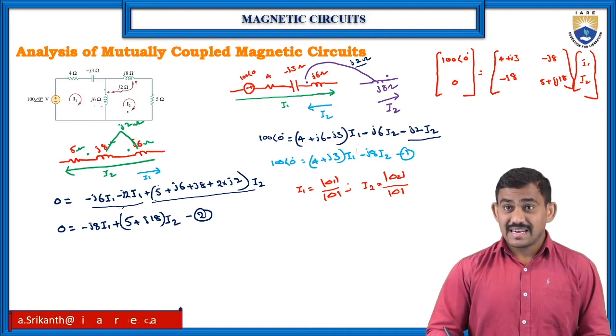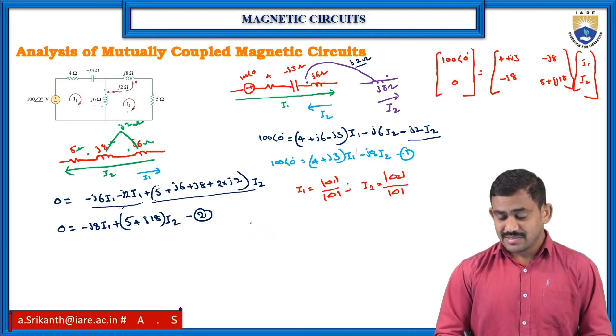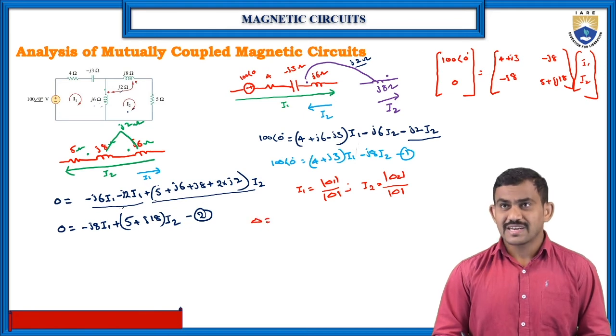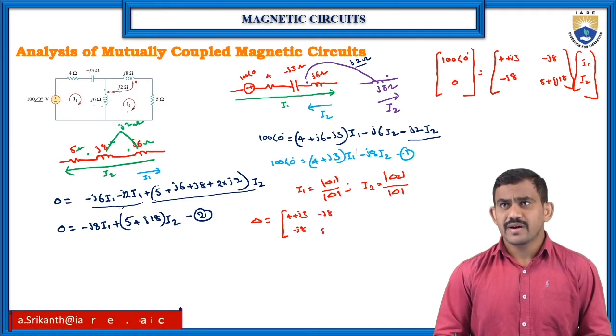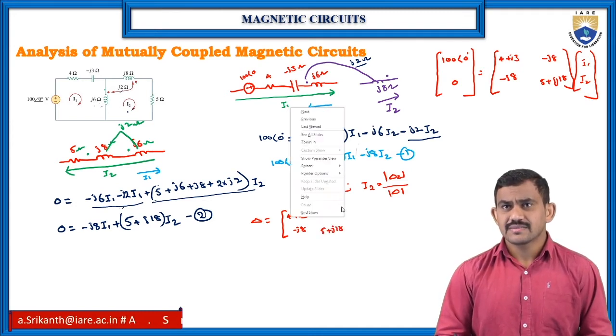Here, first we will go to the delta value. The delta value is your main matrix. Which matrix do we have? 4 plus j3, j8, minus j8, and 5 plus j18.